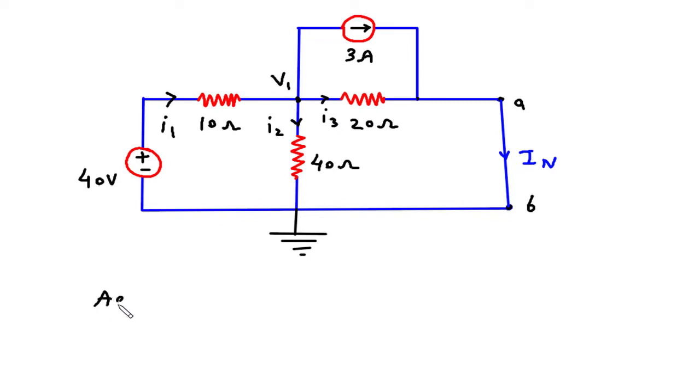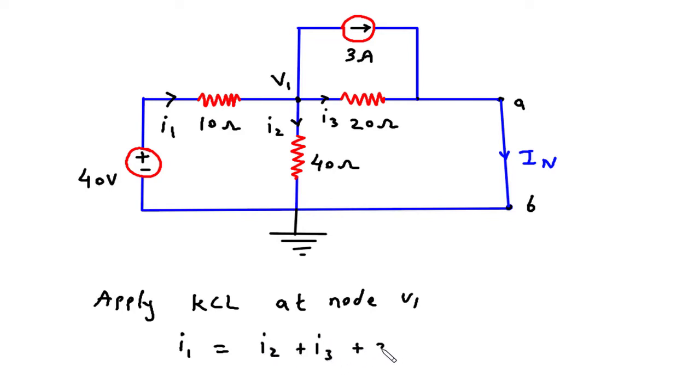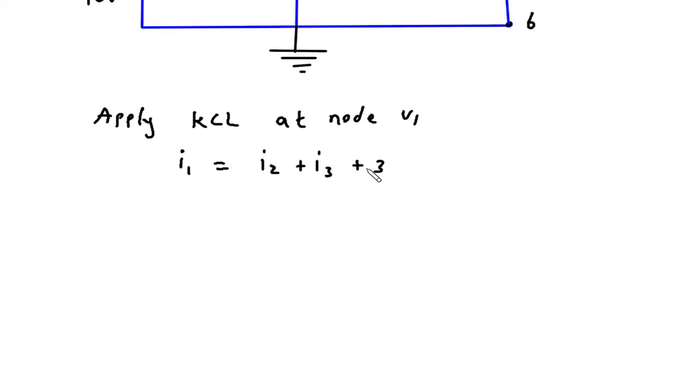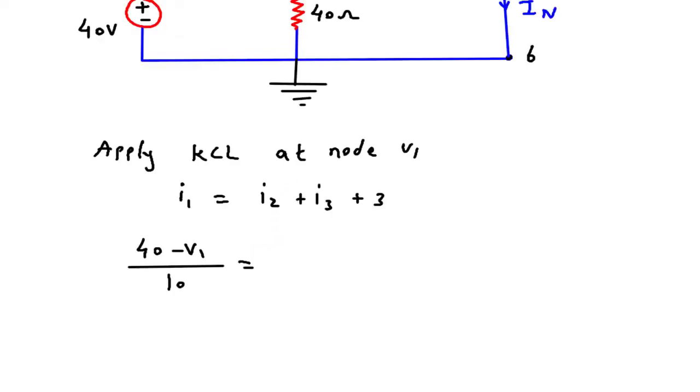So apply KCL at node V1. Summation of all the entering current is I1, equal to leaving current, I2 plus I3 plus 3. So I1 is (40 minus V1) by 10, equal to I2 plus I3 plus 3.